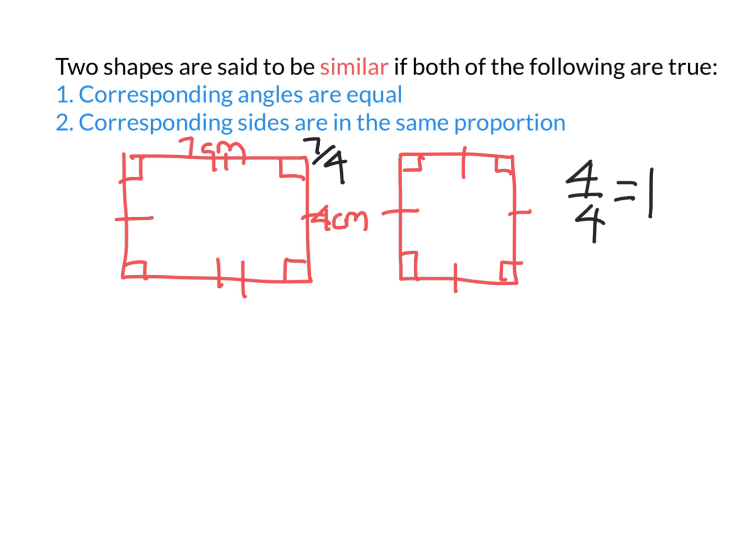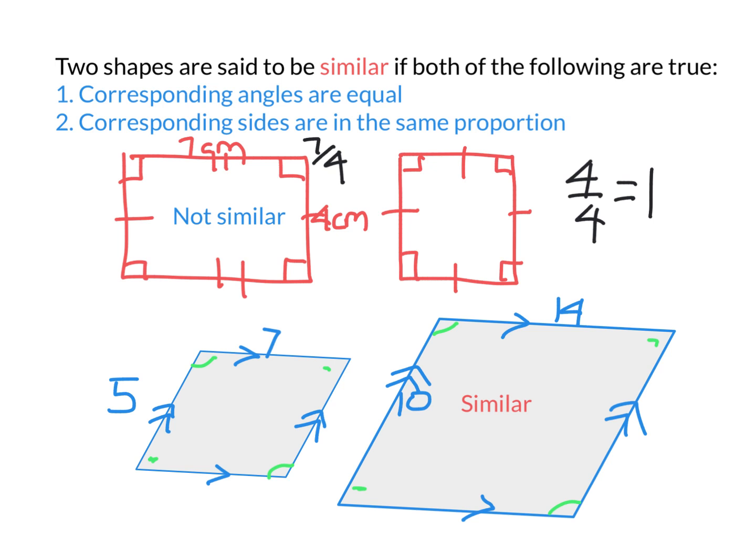Now, it's also possible that two non-triangle shapes satisfy the second, but not the first. On the other hand, these two shapes are similar. Firstly, we have that pairs of corresponding angles are equal. Those two are equal, those two are equal. Similarly, these two and these two are equal. And we also have that sides are in the same proportion.